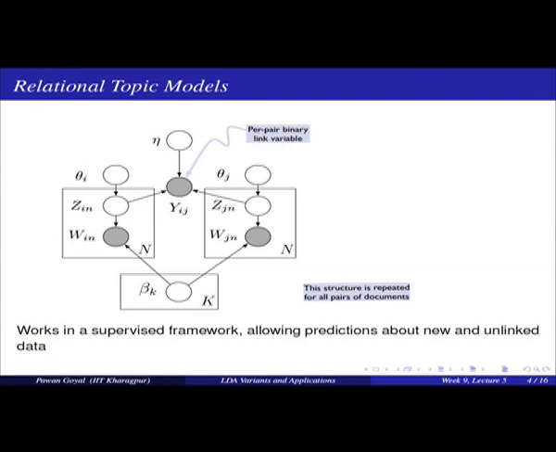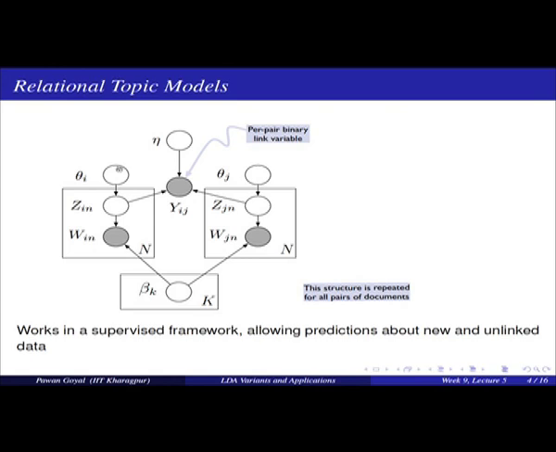So this is how it is done. So, you are having the same topic models, same model for beta k, the topic probabilities over different observations, but now you look at different pairs. So, let us look at these pairs, document di and dj. So, they have theta i and theta j variables. So, what we are modeling, given the z in and z jn, their individual topic probabilities, whether they will link to each other.